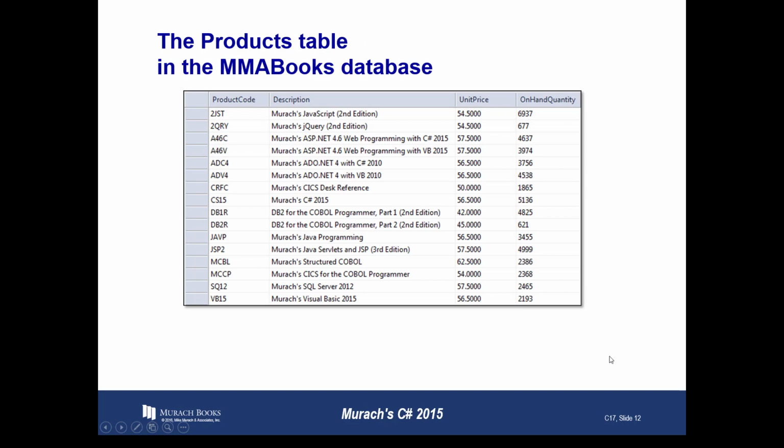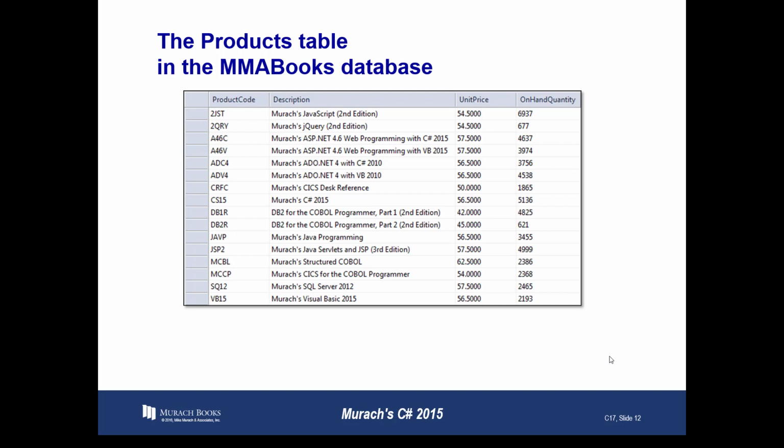Now, this is the database they use in our book. And when you look at it, it's not much different from the stuff we've been talking about. We have been talking about using a product class that contains three elements: a product code, a product description, and a product price.